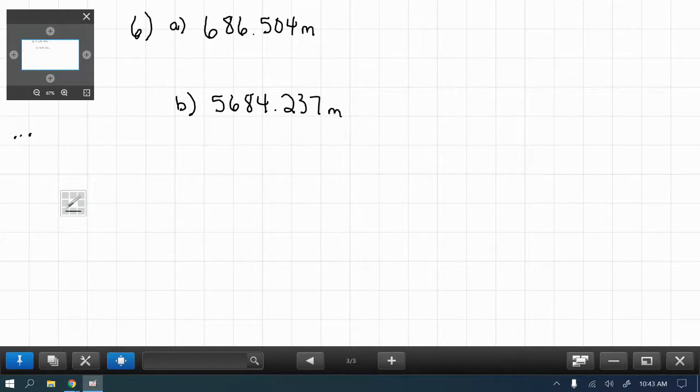So my conversion for this is 1 foot equals 0.3048 meters. So I'm wanting the answer in US survey feet, wrong one.